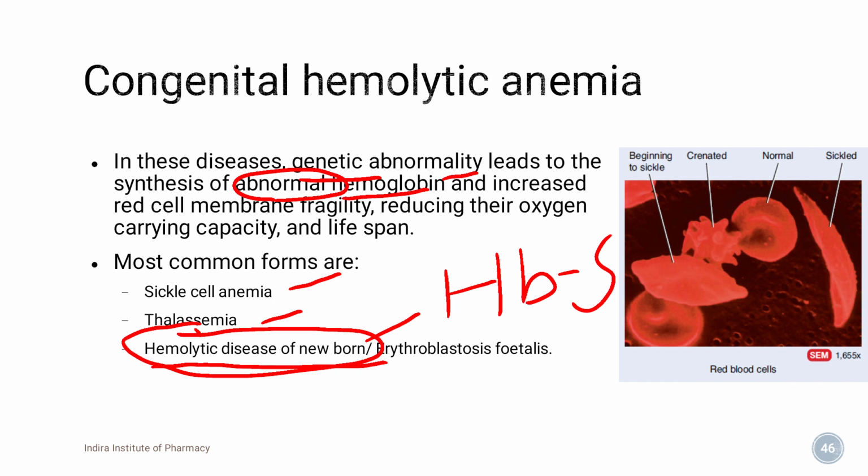When this hemoglobin is exposed to low concentration of oxygen, it precipitates into long crystals inside the red blood cell. You can see these are normal cells and these are sickle cells. Because of this faulty beta chain, it will change their shape, forming long crystals inside the red blood cell.